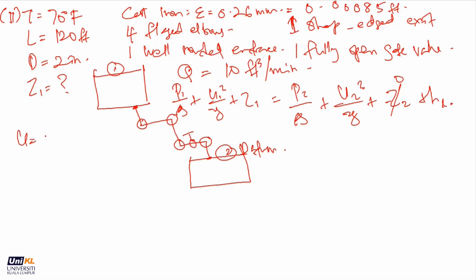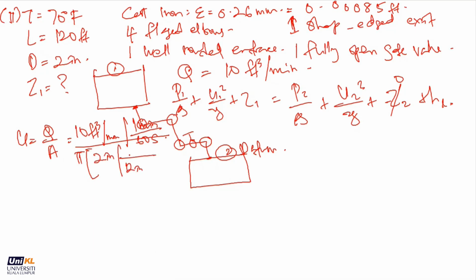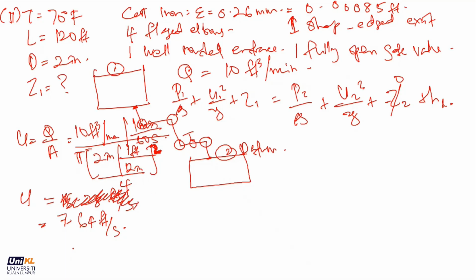So U equals Q over A, feet cube per minute. Okay, 1 minute is 60 second. Okay, pi, 2 inch, 12 inch is 1 foot, pi D square over 4. Rho U D over mu.